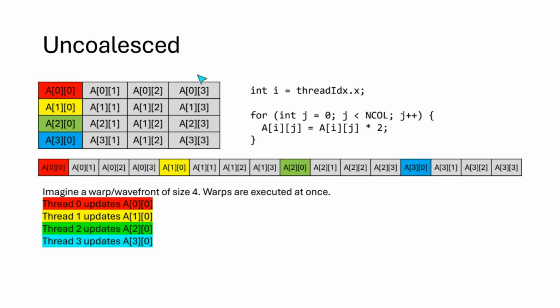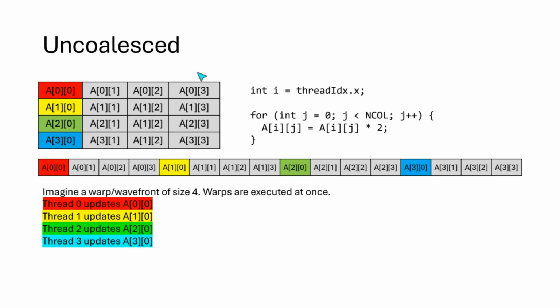The first element of thread 0, thread 1, thread 2, and thread 3 are executed at the same time as a unit. Later, the second element is executed at once for each thread. So the execution is in that way.